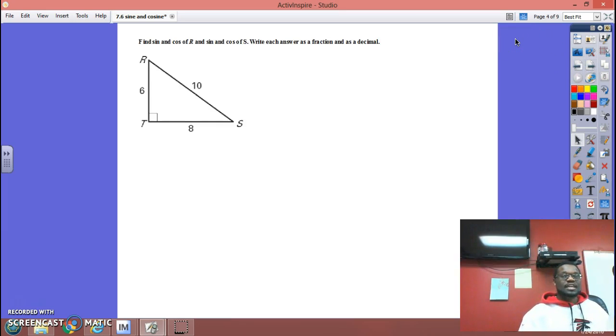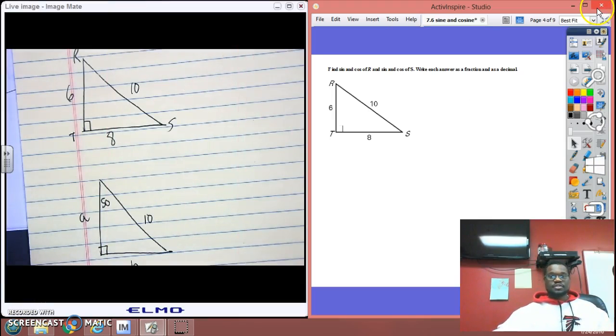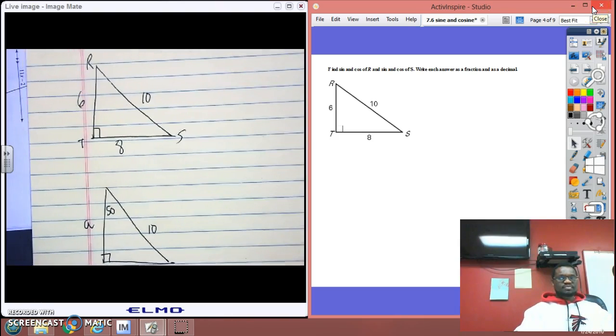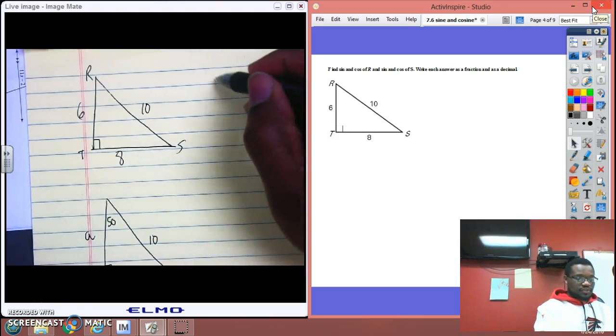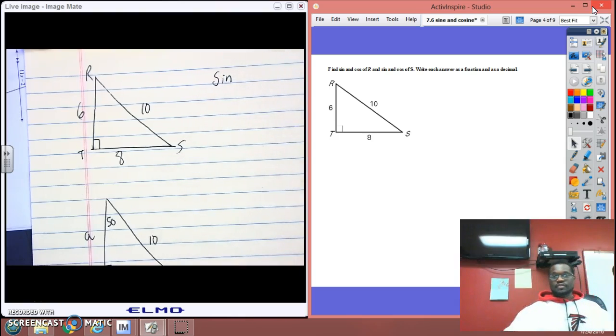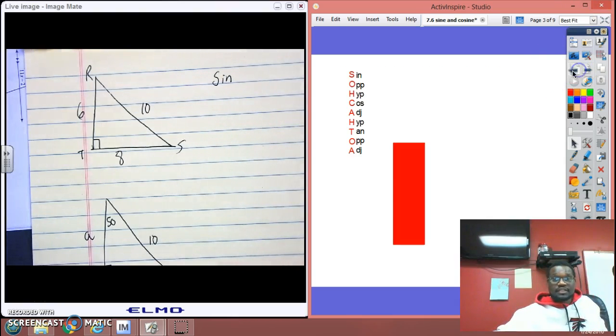Find the sine and cosine of R and of S. All right, they want us to find the sine and cosine of R and S. So let's look at this. Let's start off with R first. The sine. If you forgot, let's go back and look. The sine is opposite over hypotenuse.